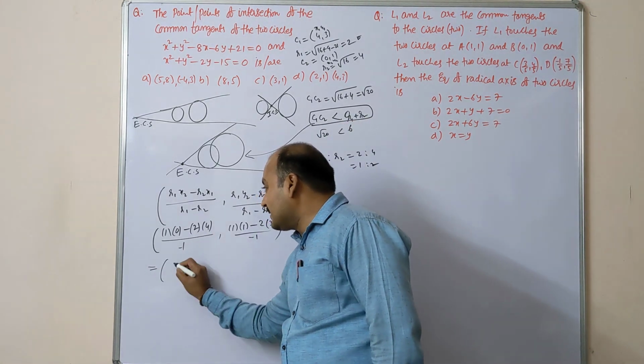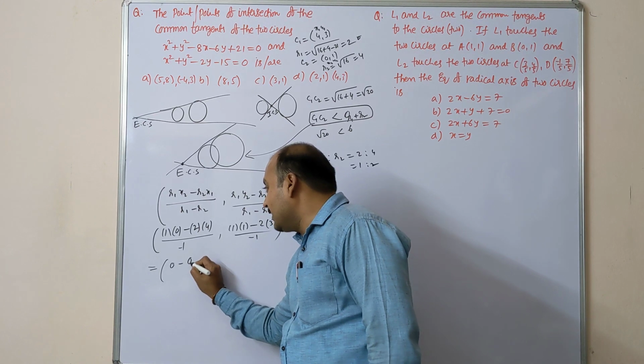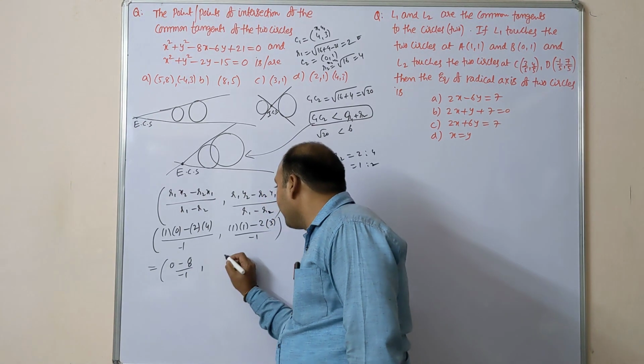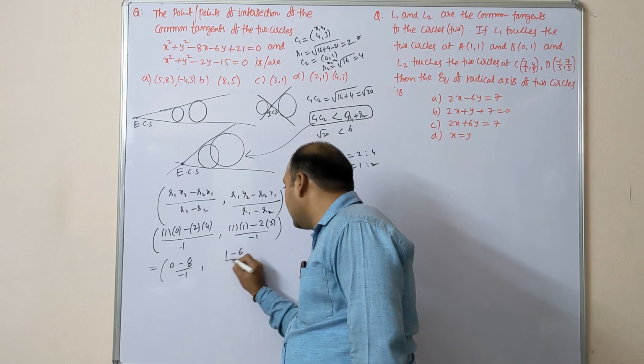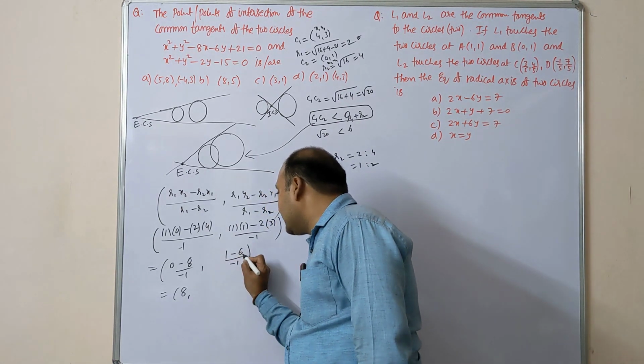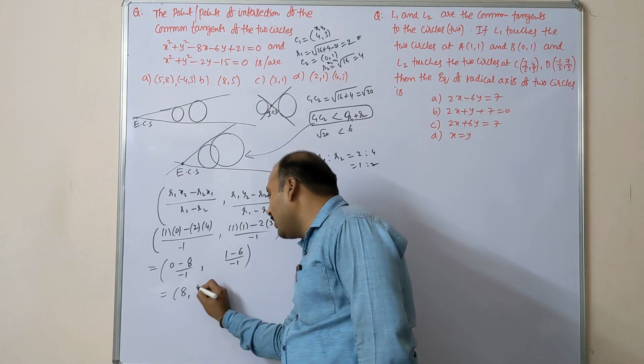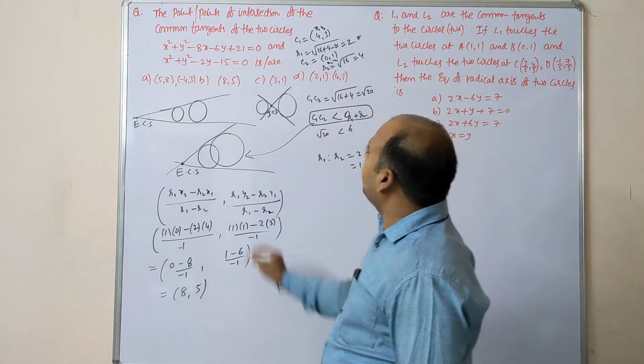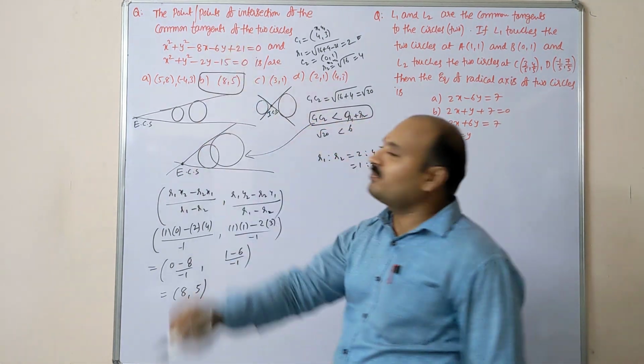So 0 minus 8, sorry, minus 8 by minus 1 is 8. And 1 minus 6 is minus 5, minus 5 by minus 1 is 5. So absolutely (8, 5) is the right answer.